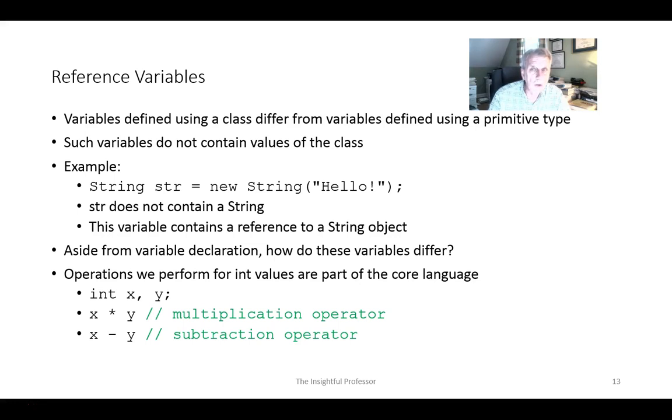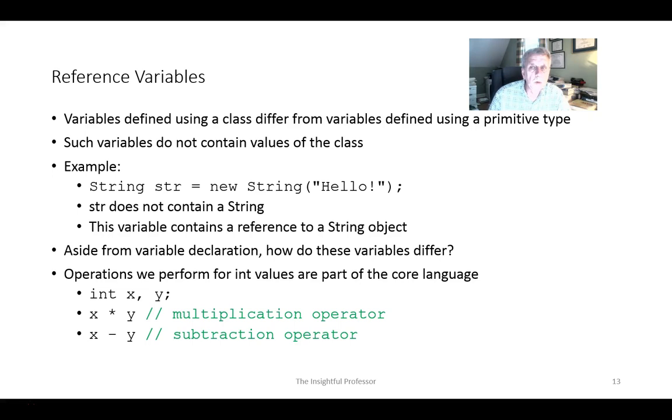In addition to the notion of reference, the variables for primitive types allow us to work directly with those variables to access the storage. So if we have two integers, x and y, we can take the value stored with x, the value stored with y, multiply, add, subtract, divide, do any of the arithmetic operations directly.